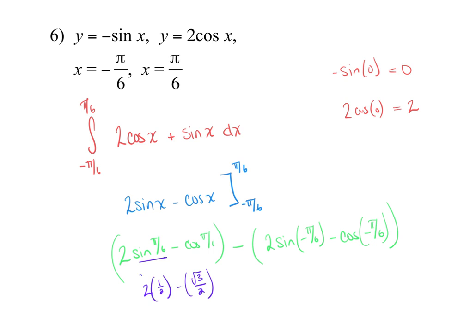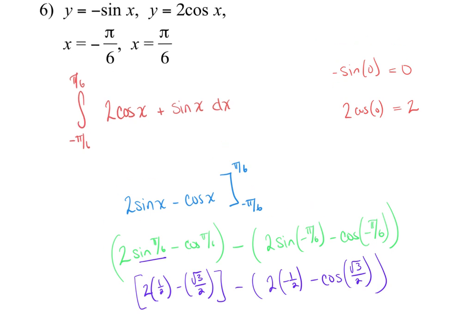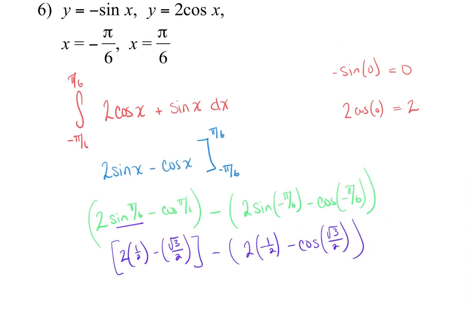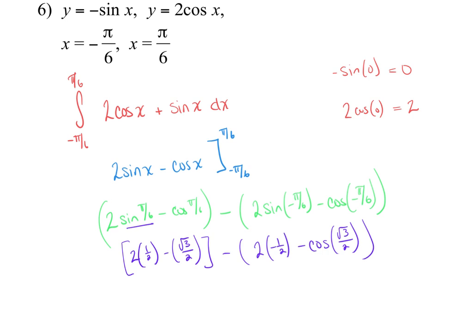And then minus 2, the sine of a negative 30-degree angle is actually negative 1/2. But the cosine of a negative 30-degree angle is still positive square root of 3 over 2. My cosine doesn't change there because it's in the fourth quadrant, positive x there. Wait, so you don't take the cosine? You do. Sorry, I just rewrote it while I was talking. It's just positive square root of 3 over 2.